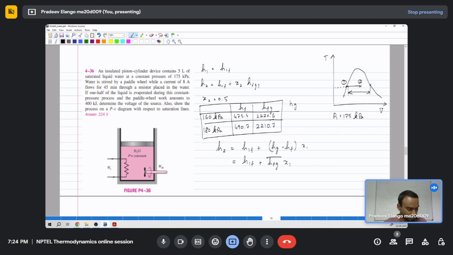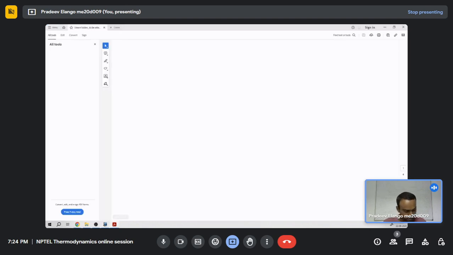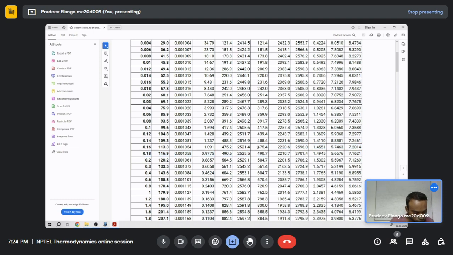Hfg is always Hg minus Hf. You can also find Hg in this table, but most tables will not have this value at all. So 475 plus 2220, you will get 2696.